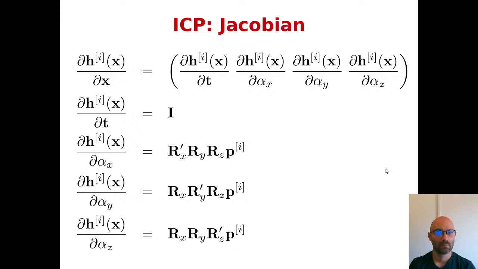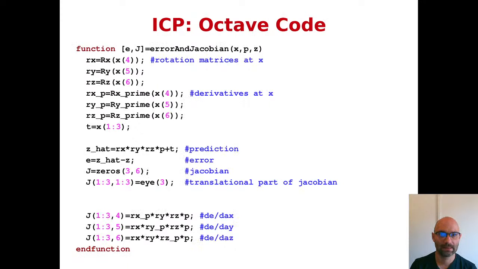Okay, so I've written the Jacobian, and then let's assemble, like in a simplistic Octave code that we will see in a while, these findings of ours.